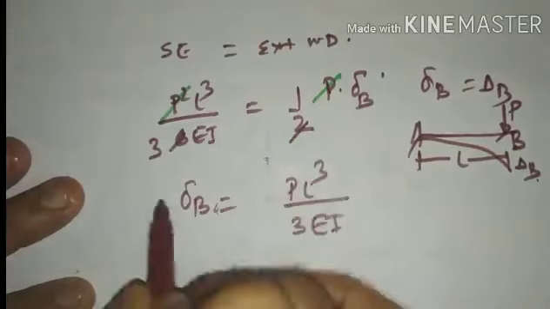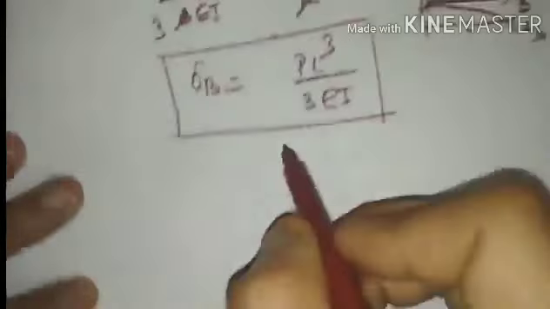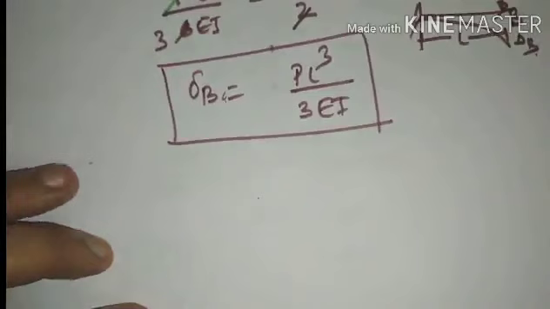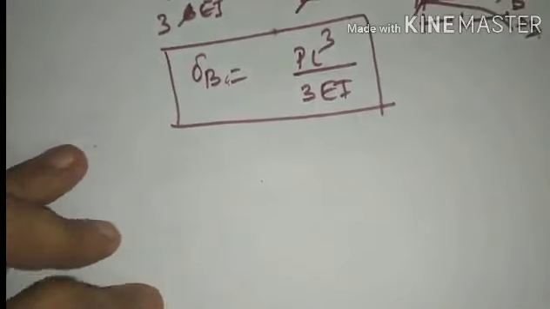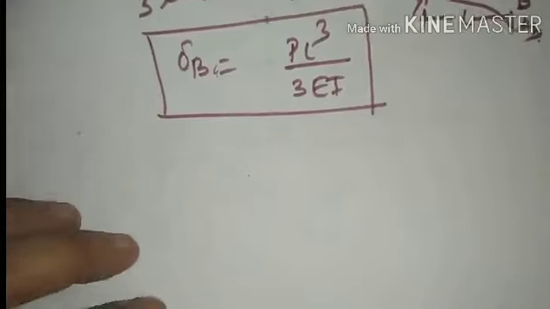So this is the deflection caused by a cantilever beam subjected to a load P at the free end. This was the same value that we had calculated even by the moment area method or conjugate beam method.